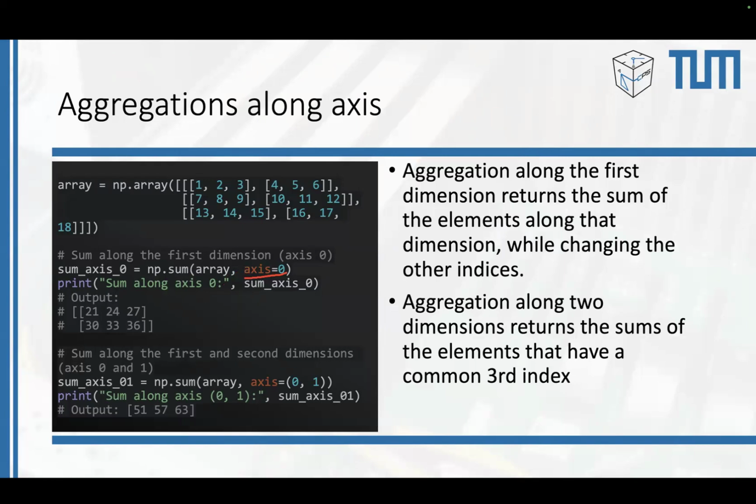If you have a 3-dimensional array like this, you see that it is 3-dimensional because there are 3 brackets at the beginning. That's the hint: if you want to count the rank of a constant, you just count the brackets for the first element. So if you are aggregating along the axis 0 and 1, what survives?